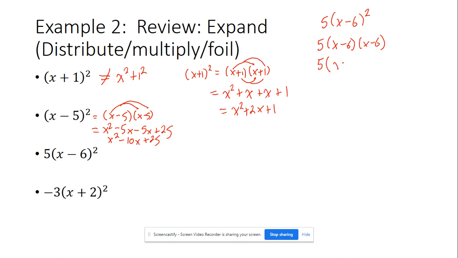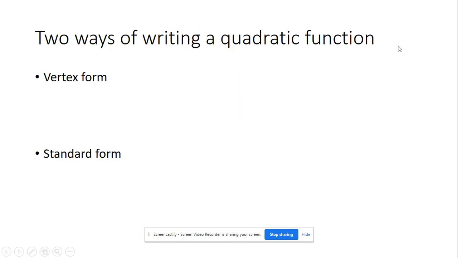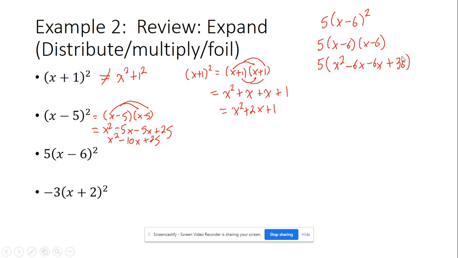So it's going to be x squared minus 6x minus 6x plus 36, which equals 5x squared minus 30x minus 30x plus 180. 5 times 36 is 180. So cleaning this up a bit, it is 5x squared minus 60x plus 180.